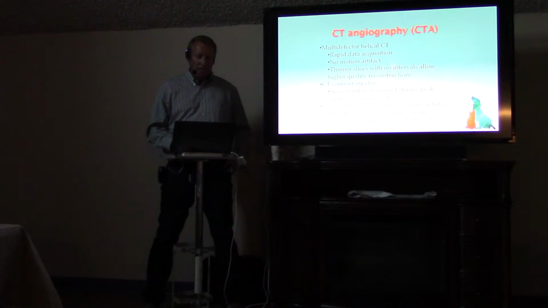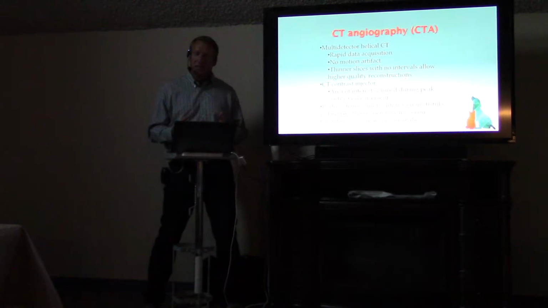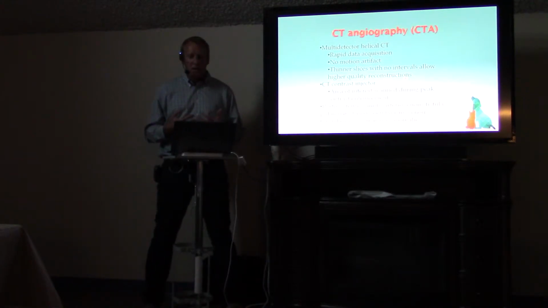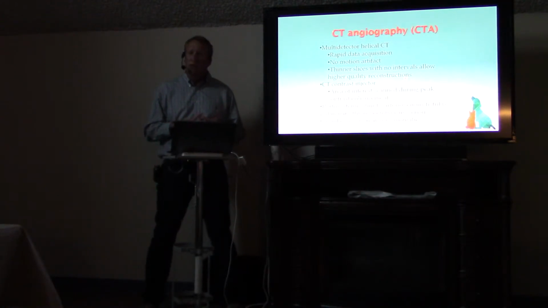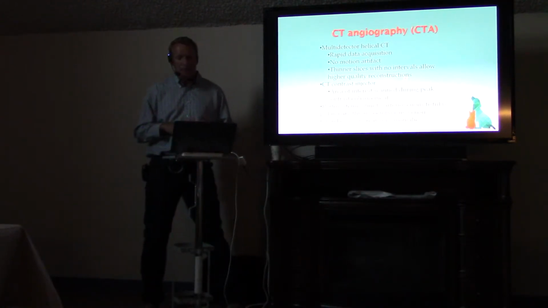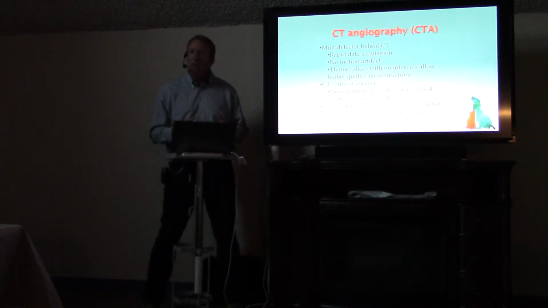CT angiography, to talk about that a little bit, is the use of intravenous contrast to image the venous structures and arterial structures in a certain area of the body. The types of CTAs that we do are portosystemic shunts, arteriovenous fistulas, pulmonary thromboembolisms, thrombosis, vascular ring anomalies in the chest.